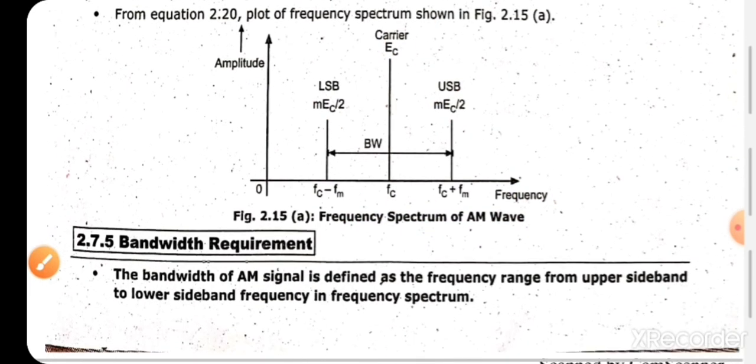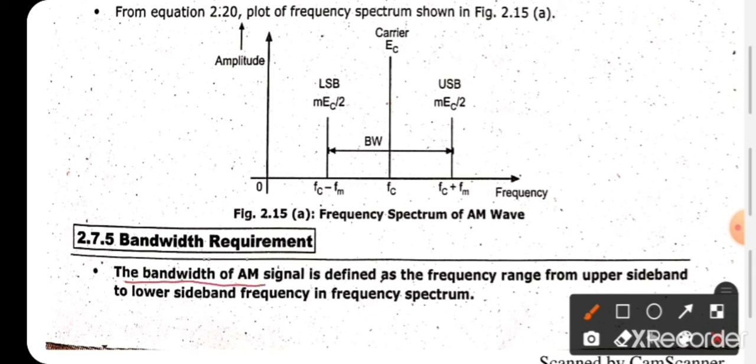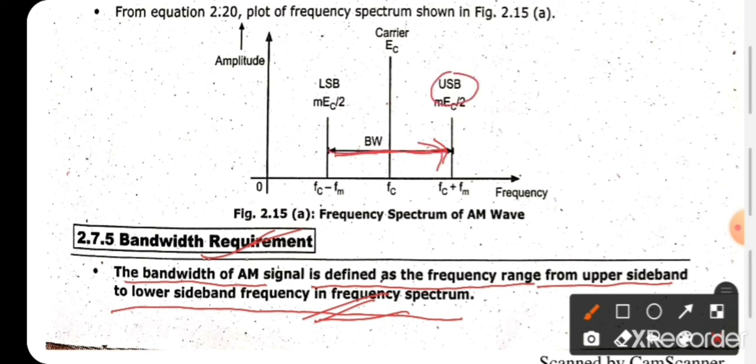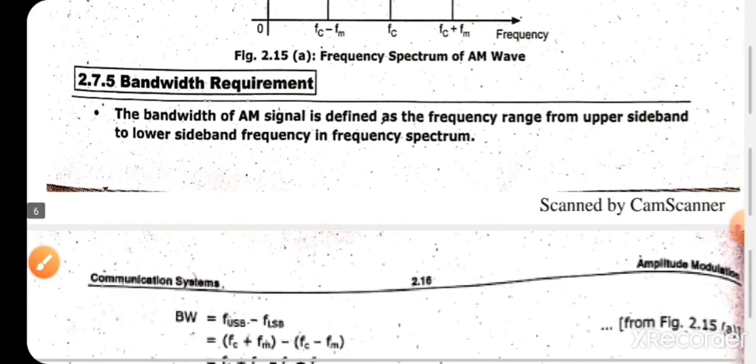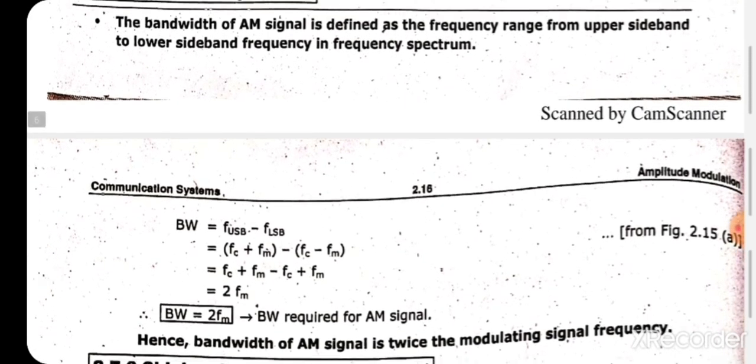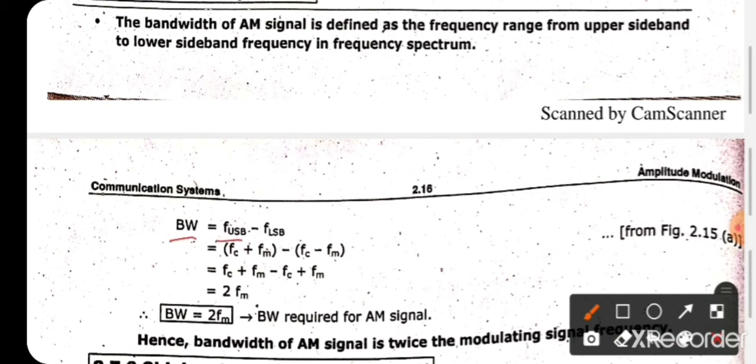Now come to the bandwidth requirement. The bandwidth of amplitude modulated signals is defined as the frequency range from the lower sideband to the upper sideband frequency. Bandwidth is the difference between the upper sideband and lower sideband frequencies. So bandwidth is equal to FUSB minus FLSB, where FUSB is fc plus fm and FLSB is fc minus fm.